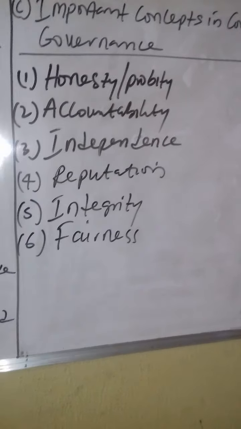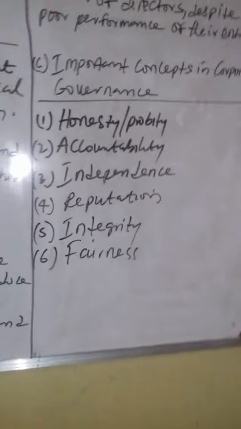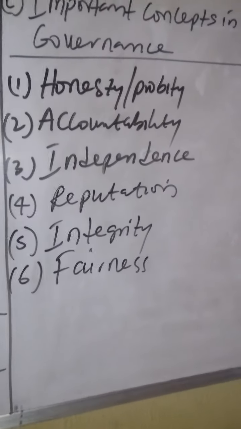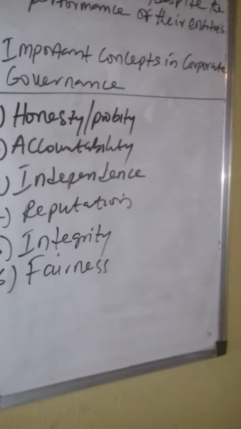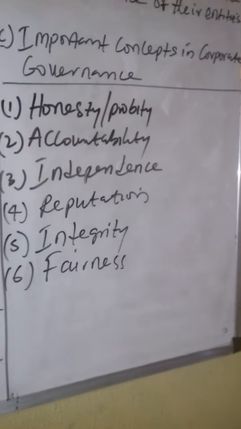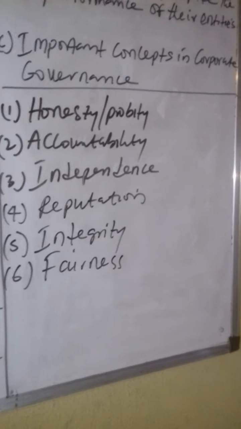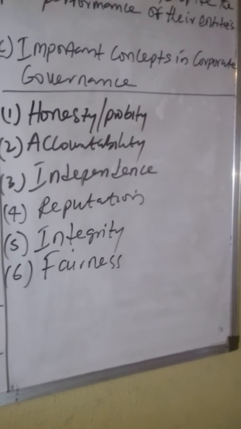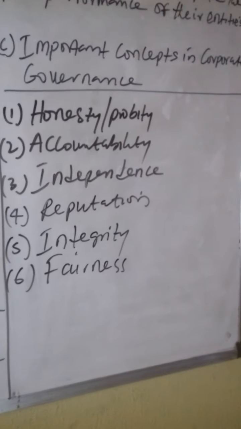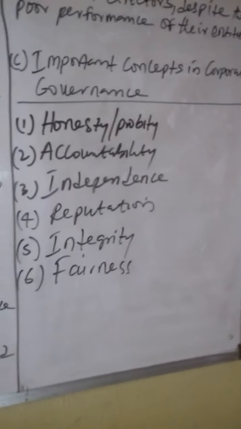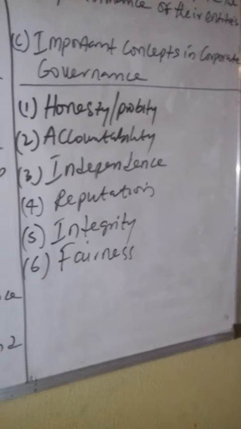Independency. Corporate governance requires that a non-executive director should be the head of the audit committee. In our outline, we have audit committee. You will look at it later. And because of this, such a person should not be a man or woman that has any interest in this company.